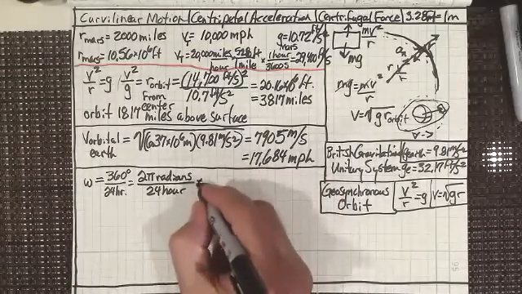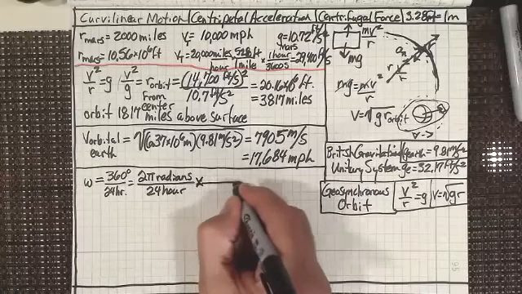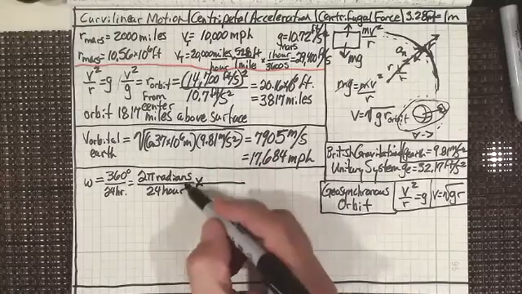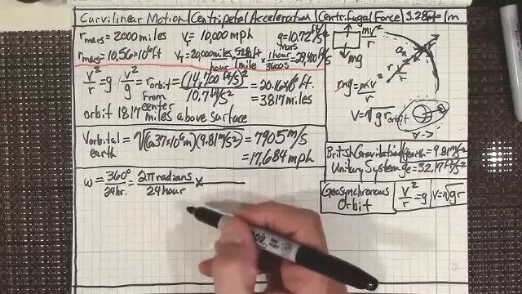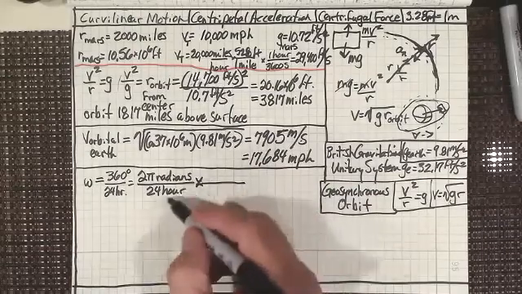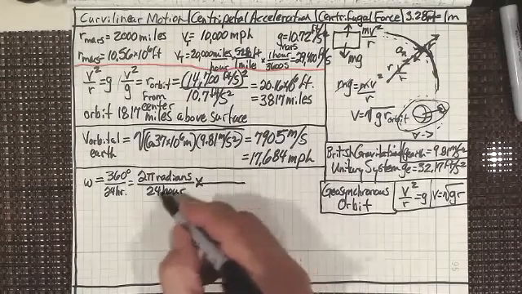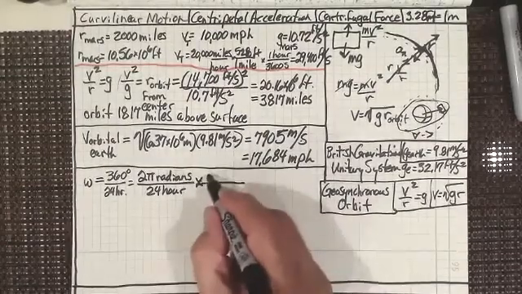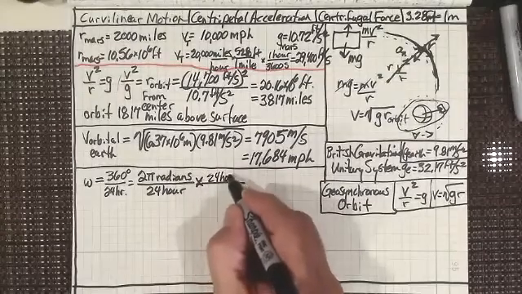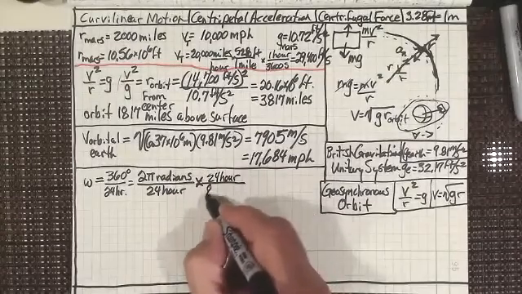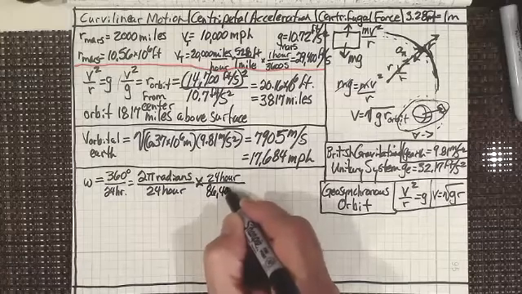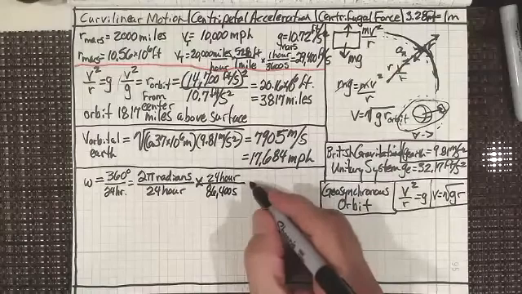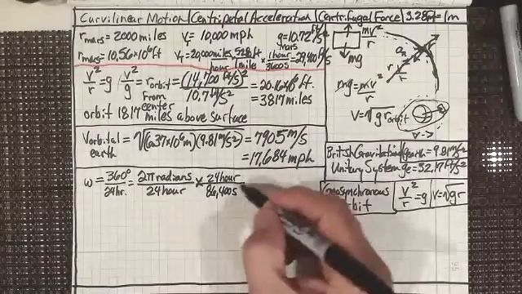Let's just put a conversion factor in here, right? We want to get rid of 24 hours. I should put a day there, really. 24 hours is 86,400 seconds, right? Everybody knows that? I don't know if they do or not.